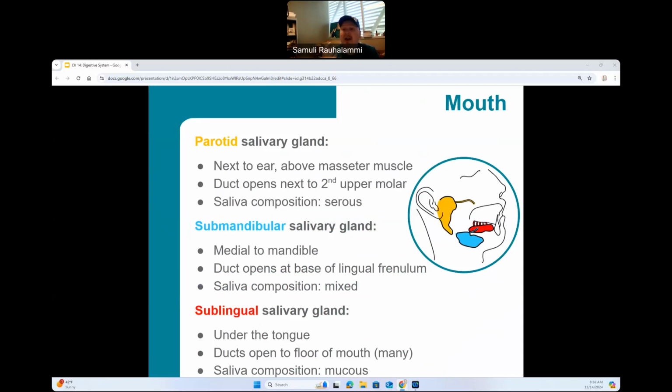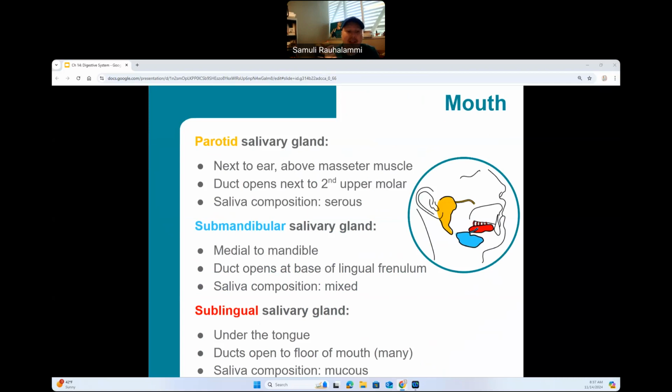If you have a friend or a classmate who's willing to lift their tongue up, you can see those two small holes right next to the lingual frenulum at the base, which is where the submandibular saliva comes out. Secretions from the submandibular salivary gland are a mixture of both watery and mucous secretion.